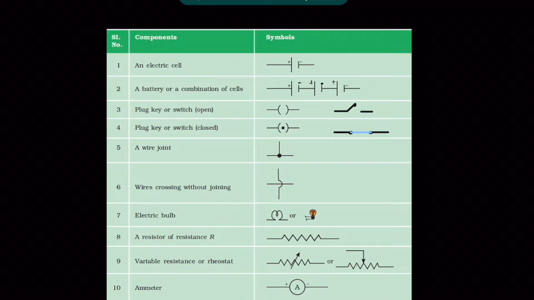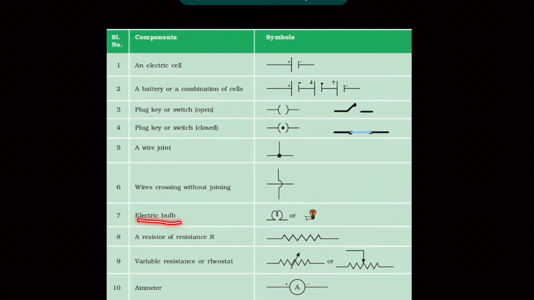Now this is the wire joint where two wires are joined with each other. This is one wire and this is another wire, both joined with each other. Similarly, when two wires are crossing each other without joining, we make a line and it will just cross over it.